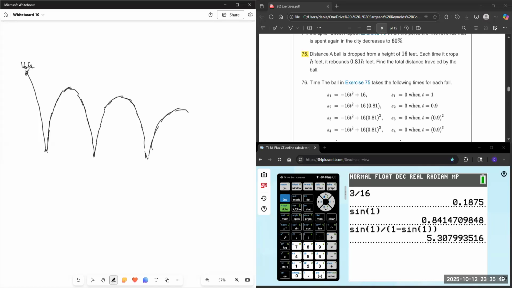And then it goes up, down, for the rest of its path. But it only came down the first time, right?